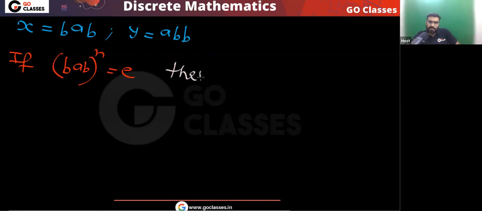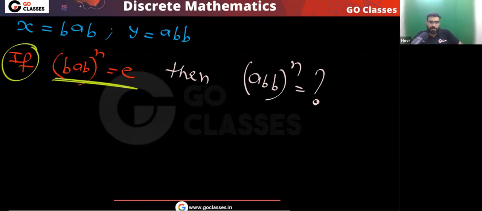Then find what is ABB power n. Means if BAB power n is equal to E, then find what will happen to ABB power n. This is quite simple. If BAB power n is equal to E, let's open it.